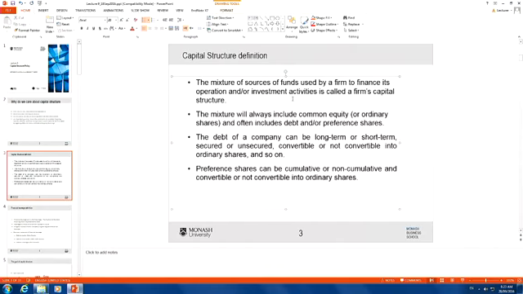So we need to compare the cost. And once we compare the cost, there is a number one criterion to take into consideration, which is what? If its cost is too high, I try to switch to low-cost financing, right? Debt financing is a lower cost than equity financing in most cases.